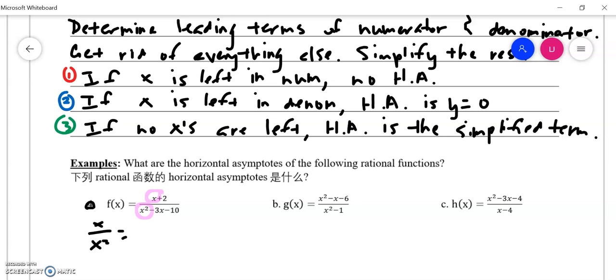Now this simplifies because this is really x over x times x, and these x's simplify to 1 over x. Now let's see which of our three situations this matches. Where's our x? It is in the denominator, so this is situation 2. And according to situation 2, if an x is left in the denominator, the horizontal asymptote is y equals 0.